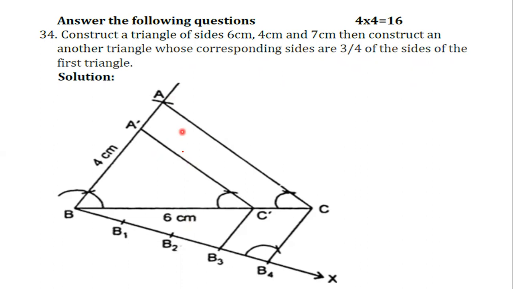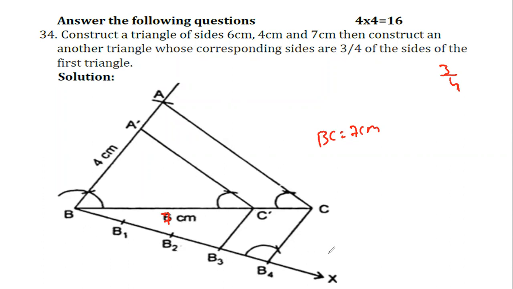First, I will write 6 centimeter. So from A to C, this is 6. No, this is 7. B to C is 7 centimeter. First draw this. Then here, 3 by 4. So now draw an acute ray for BC.